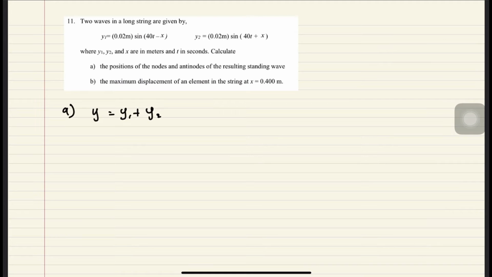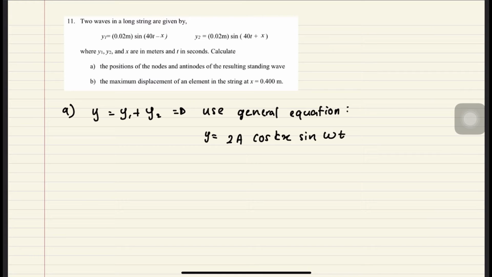And you learned before about the equation. If they combine, straight away you can use the general equation y equals to a sine. Because it's y1 plus y2, you can use 2a cos kx sine omega t.